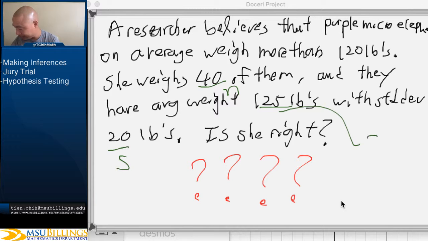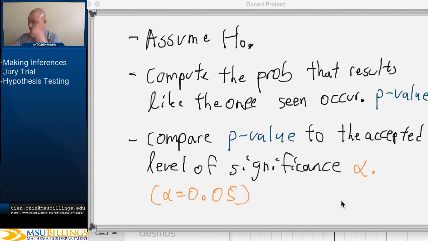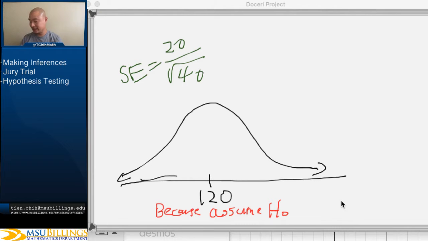And this 125 is our x bar or point estimate, right? So going forward back here, so here we have 120 pounds as our mean, and somewhere out here is 125 pounds.